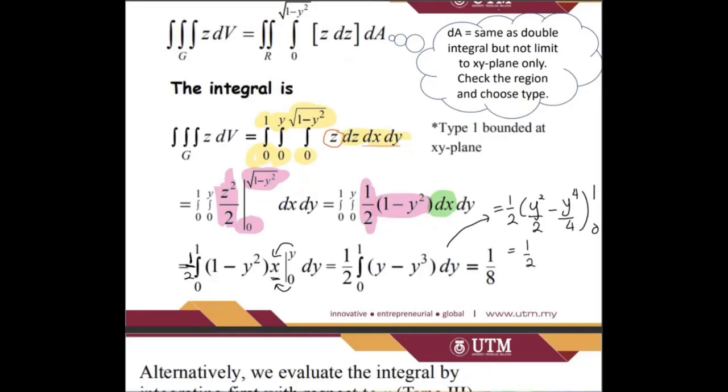We will get 1 over 2 minus 1 over 4 and then minus 0, right? So 1 over 2 minus 1 over 4. So the answer is 1 over 8. So please show this step. Alright, so the answer is 1 over 8.